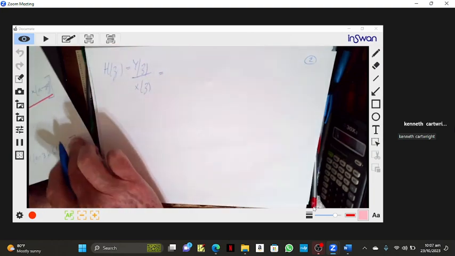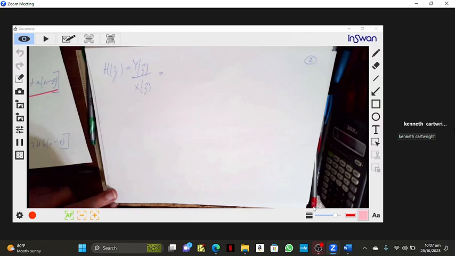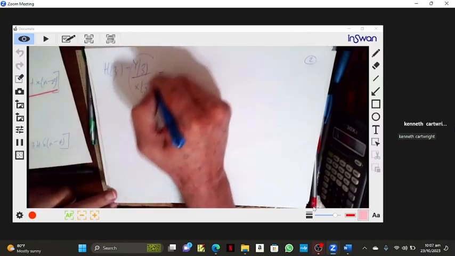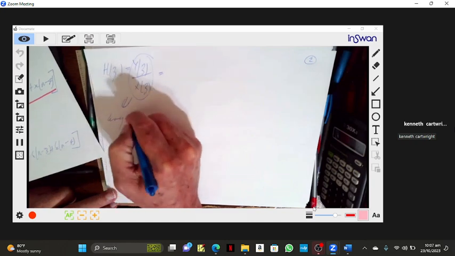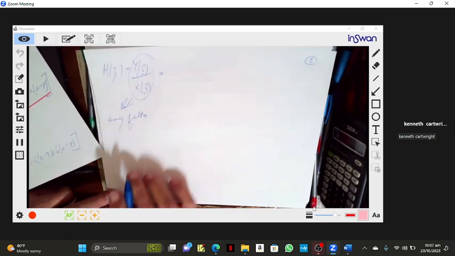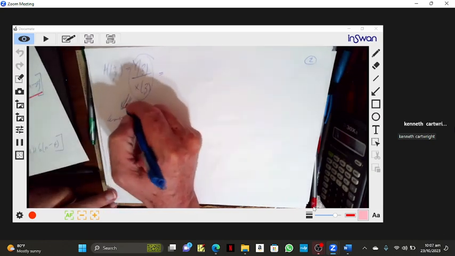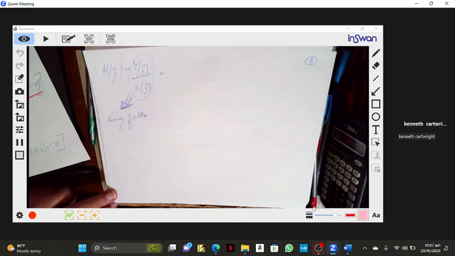What is it for this filter? Would the Y of z be y of n and X of z be h of n?